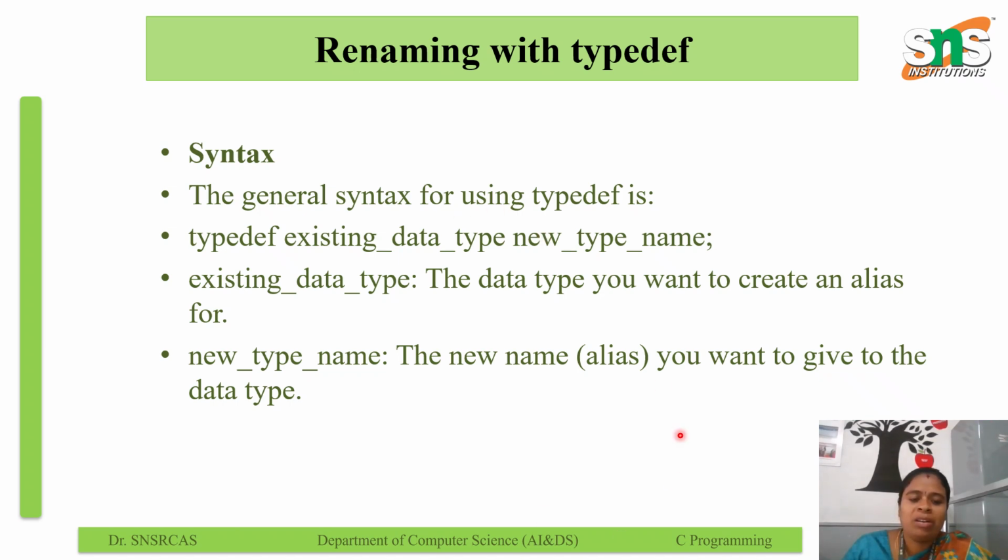And then renaming of type names. The general syntax is typedef, then the existing data type, which is already created, and then the new alias name. The existing data type is the one you create an alias for, and the new name is the other name you want to give to the existing type.